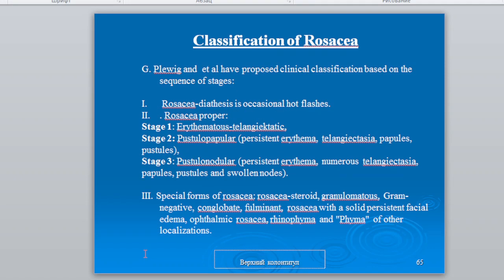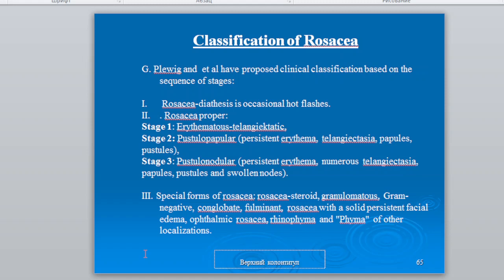Next, classification of rosacea. Rosacea diathesis is occasional hot flashes. Rosacea proper. Stage 1, erythematous telangiectatic. Stage 2, papulopustular: persistent erythema, telangiectasia, papules, pustules.